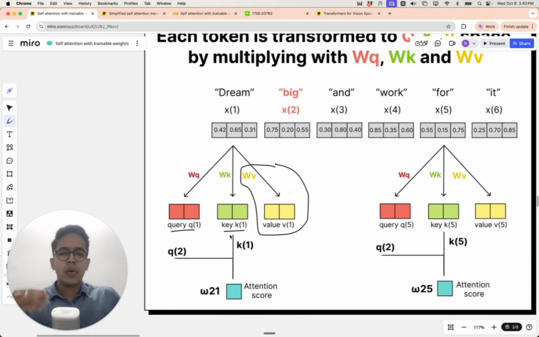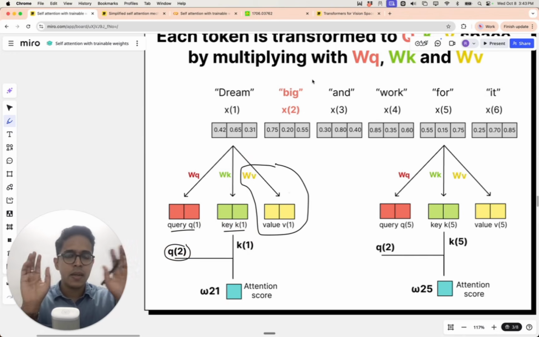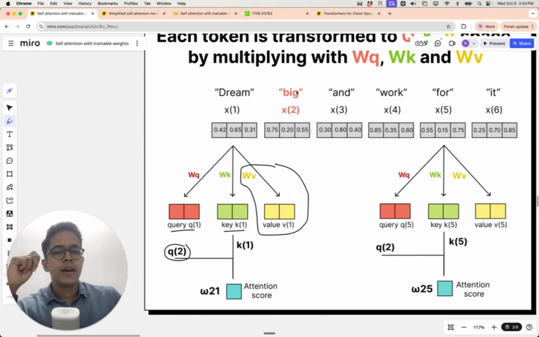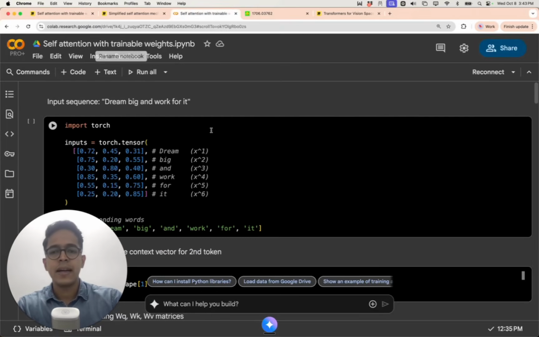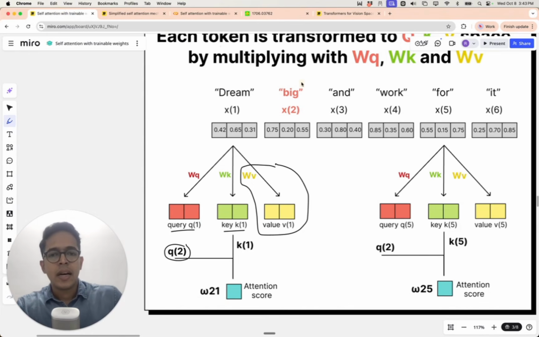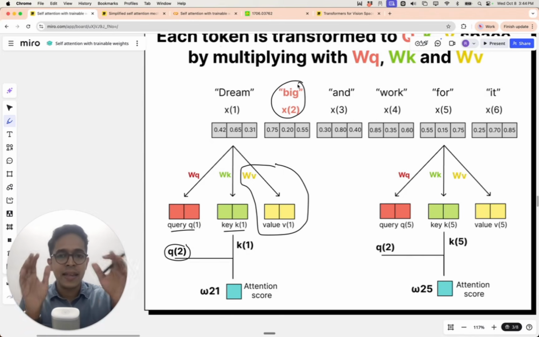So if we want to calculate the attention for, let's say, the query big, in a different sequence but same example: the sequence is "dream big and work for it", which is the same sequence we are going to use in our example code. If our query is big, we want to calculate how much attention big should pay to dream, and, work, for, it, as well as to big itself.